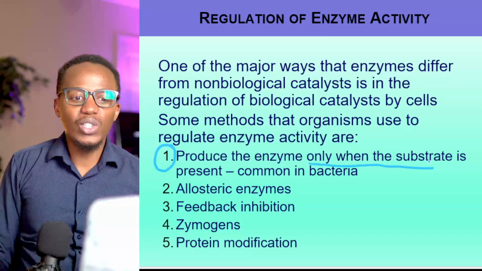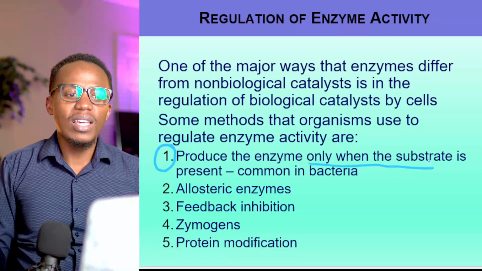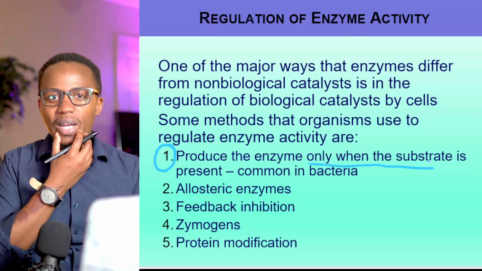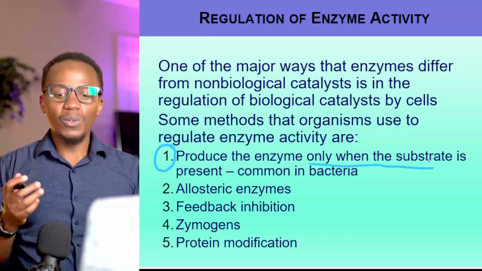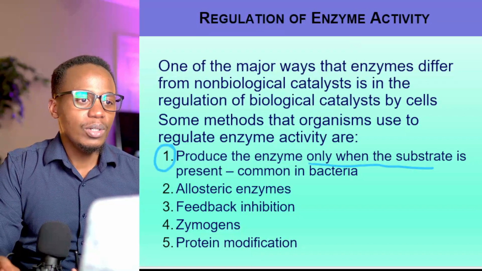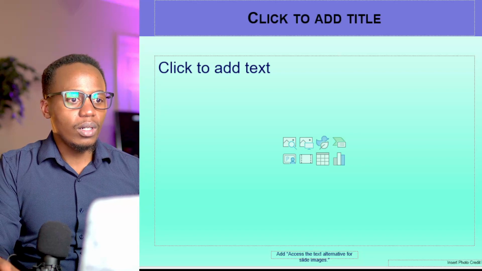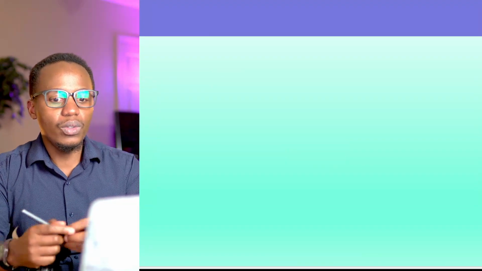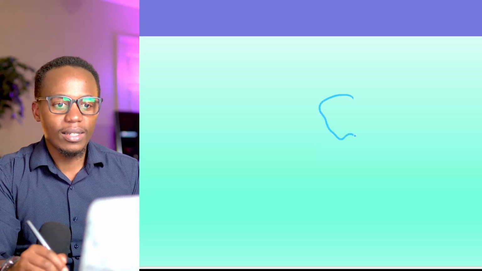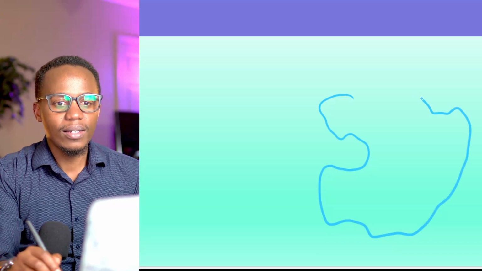The second one is allosteric enzymes. What are allosteric enzymes? These are enzymes, and I want everybody to understand. Usually when you have an enzyme, let me open a new window. Usually when you have an enzyme like this, you have an active site, right?